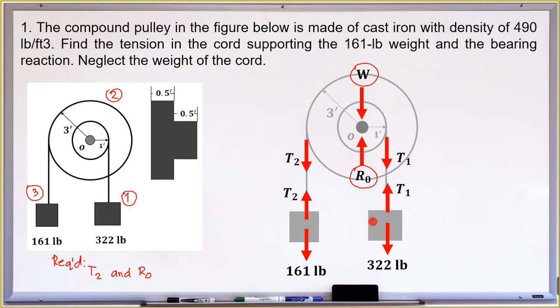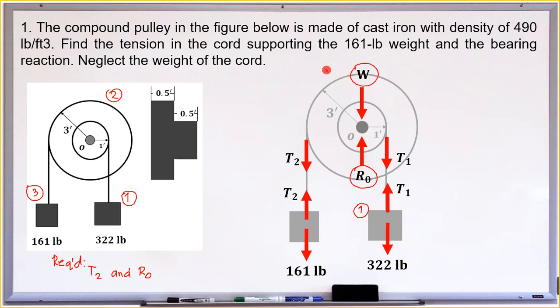Now, for our 322-pound block, our first object, we treat this as a particle because its dimension is neglected during our analysis, and its size is smaller compared to its path of travel.